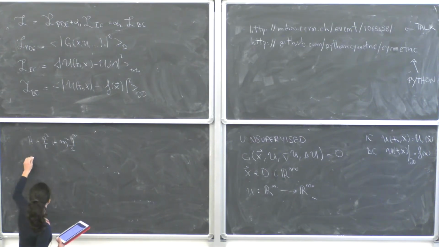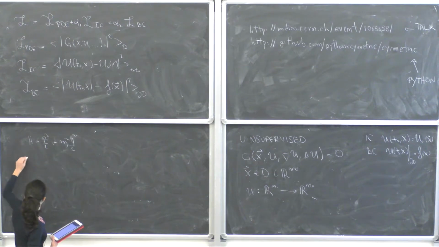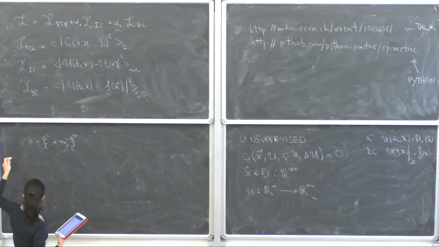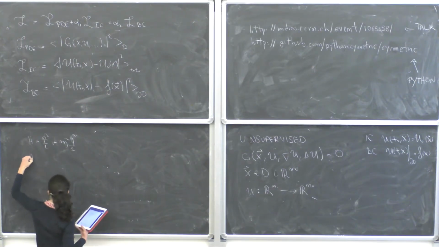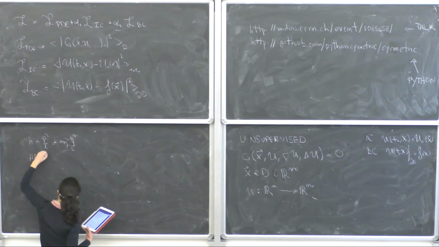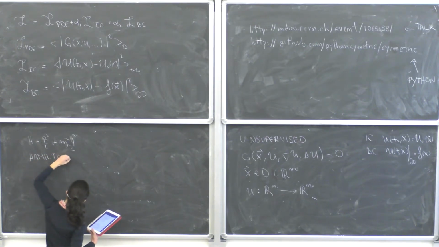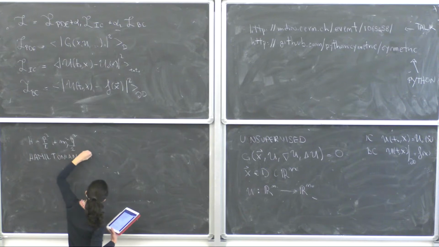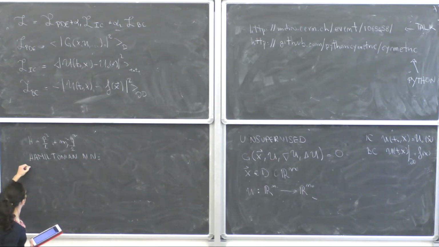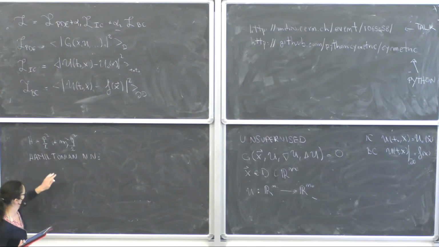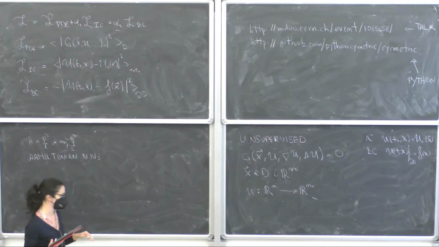Systems which are able to give you an answer to these questions are called Hamiltonian neural networks. Of course, in this particular method, there is something which is implicit.